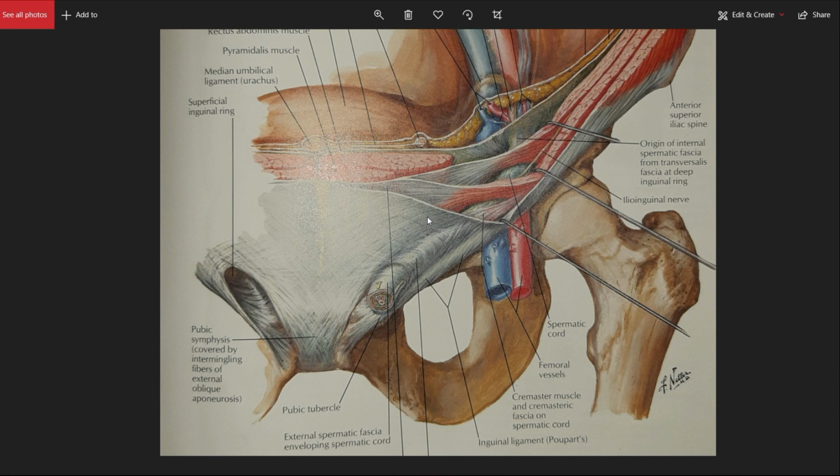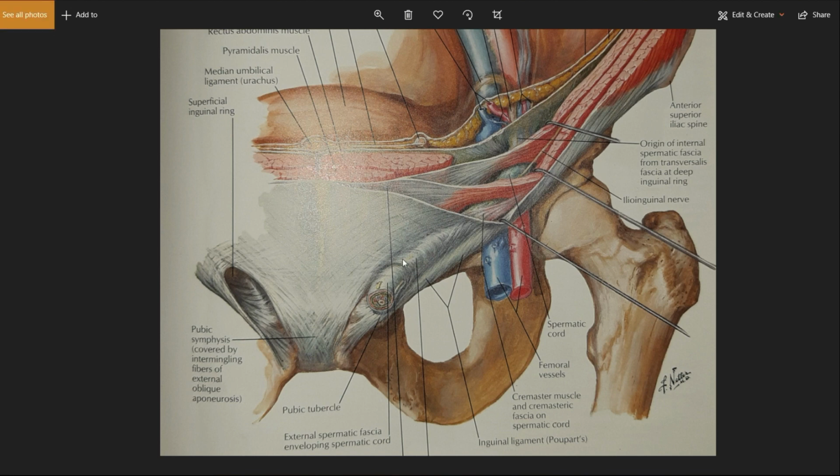Now, these three structures that I just mentioned, the skin, the superficial fascia, the external oblique aponeurosis, are structures which are forming the anterior wall of the inguinal canal throughout its extent. That is, there is no such part of the inguinal canal where the external oblique or the skin or the superficial fascia are posteriorly located, or forming the roof. Nothing. They are always anteriorly located to the inguinal canal.